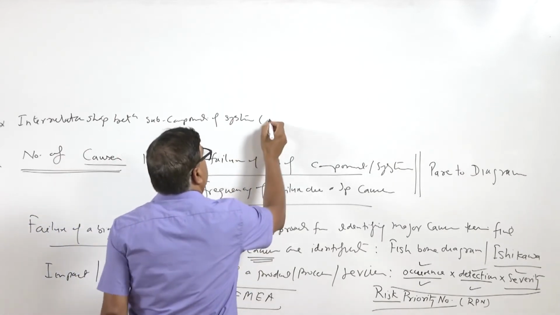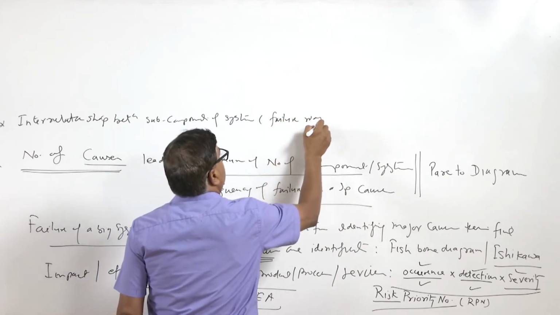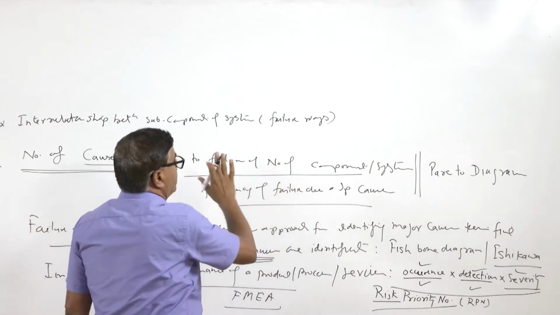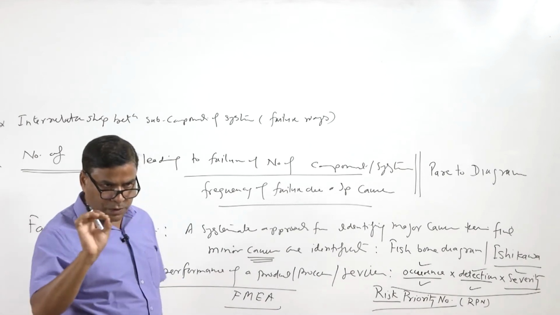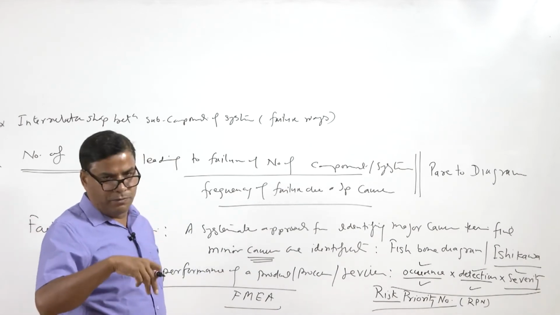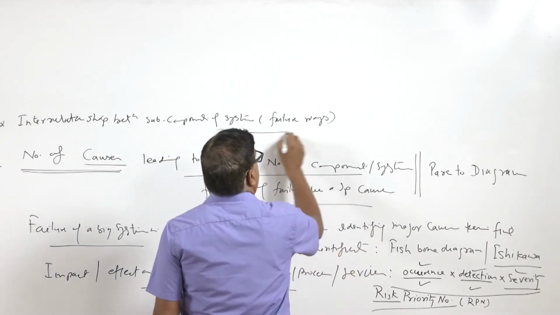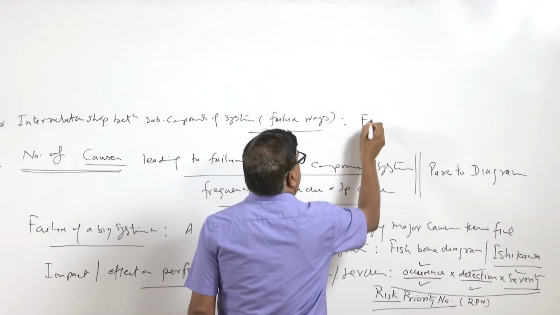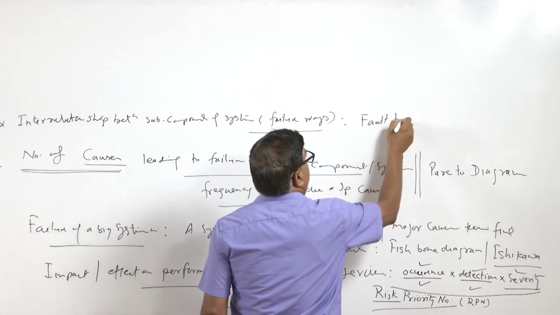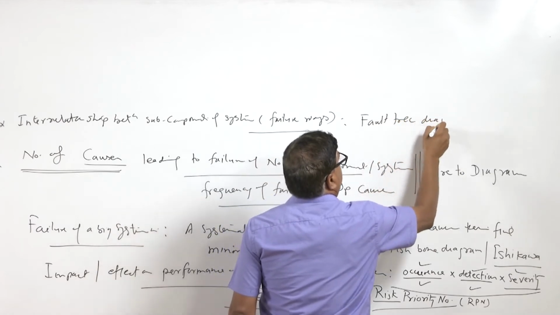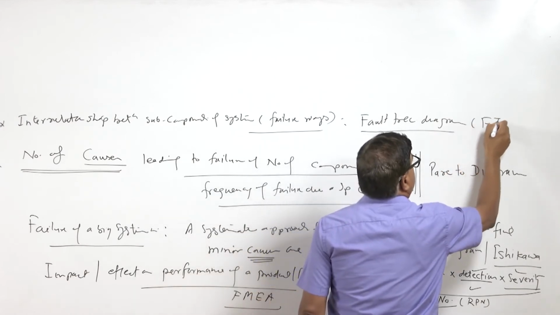So, the failure modes, we can say failure ways or the failure modes of each of the subsystems are also identified. This will help us to pinpoint the location from where failure would have taken place, and that will help us to take the corrective measures. So, this is facilitated with the help of a fault tree diagram. Fault tree diagram, this is also known as fault tree analysis.